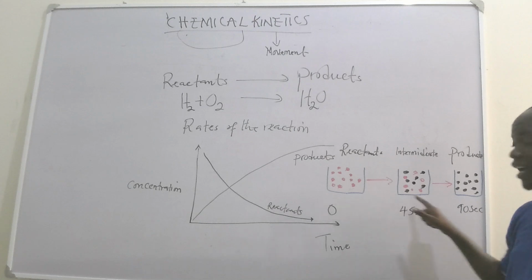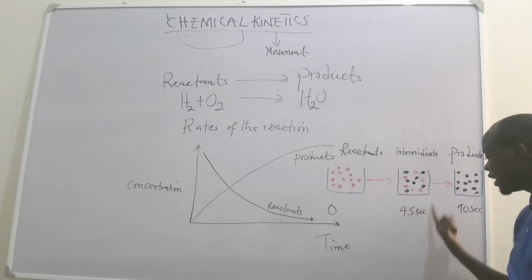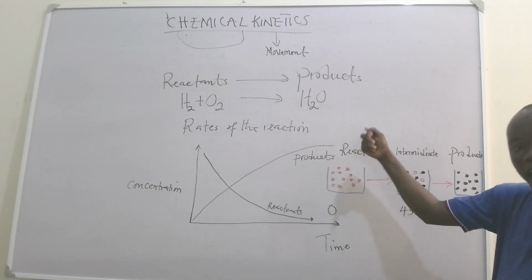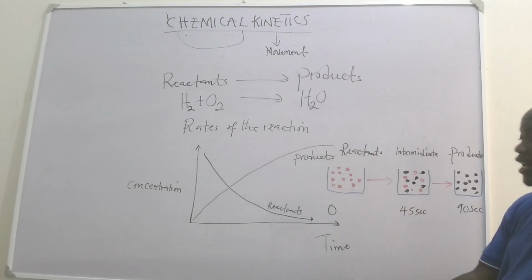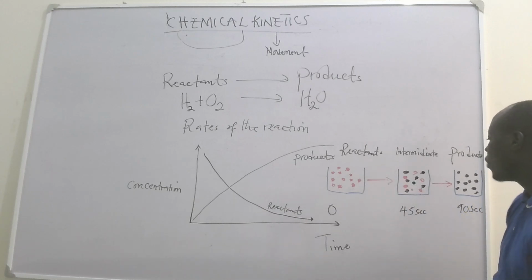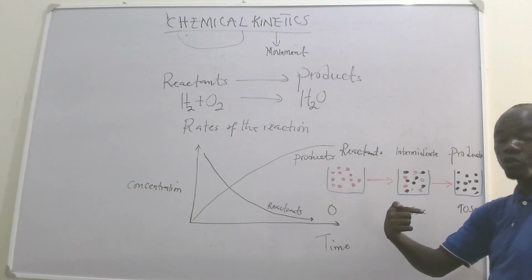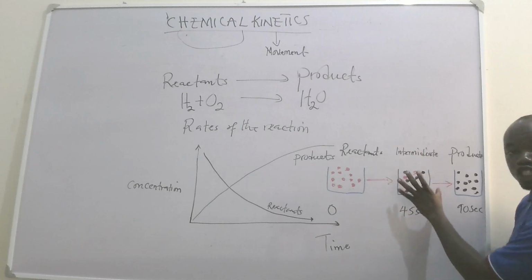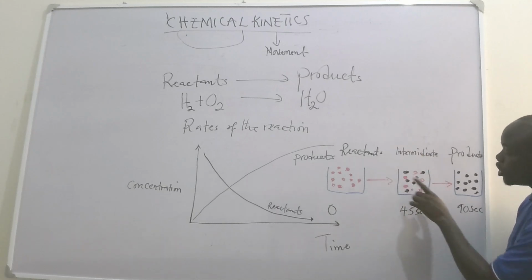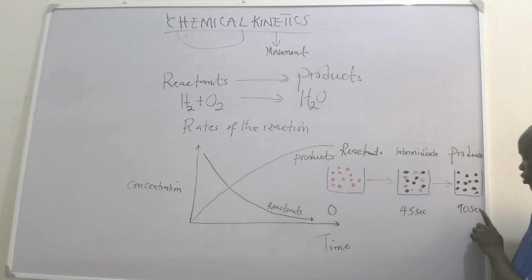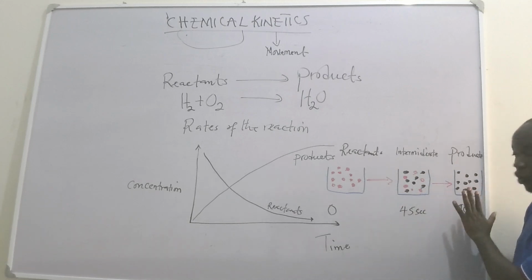But as the reaction starts, the concentration of these reactants begins to disappear, while at the same time the concentration of the product is appearing. So at the intermediate state of the reaction, you will be able to observe that we have our products that are black in color.